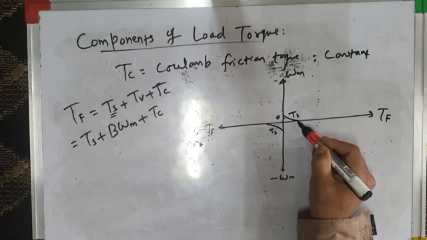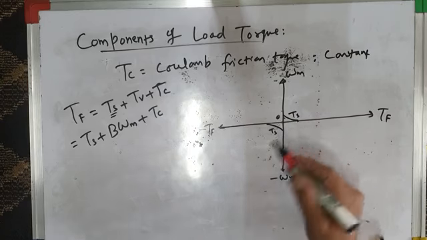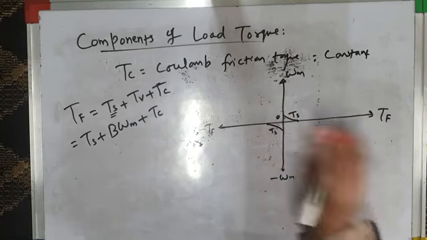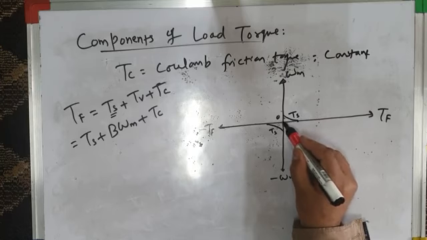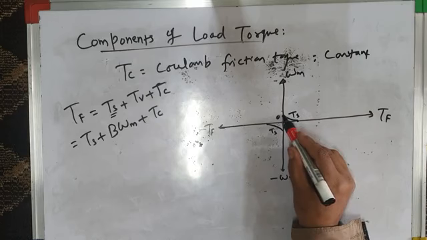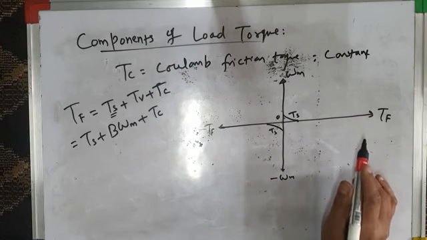It is there only during static conditions, when the system is at standstill. When the system is rotating above this speed, it is absent. So it shows its presence only during the starting period, from zero speed to a small speed, and then it disappears.